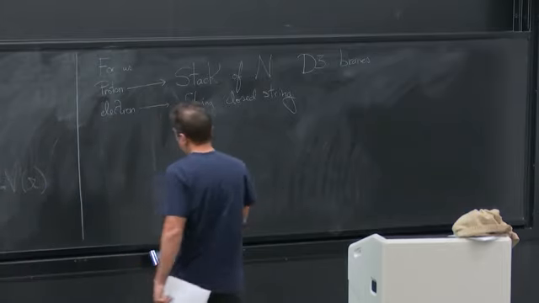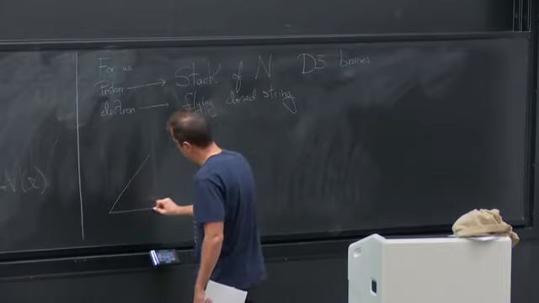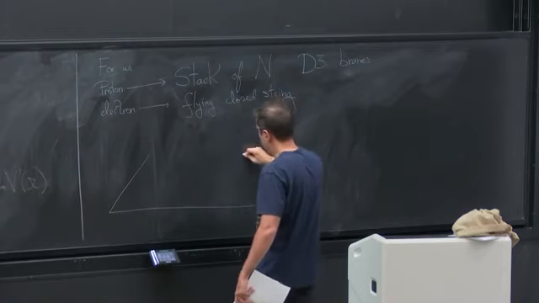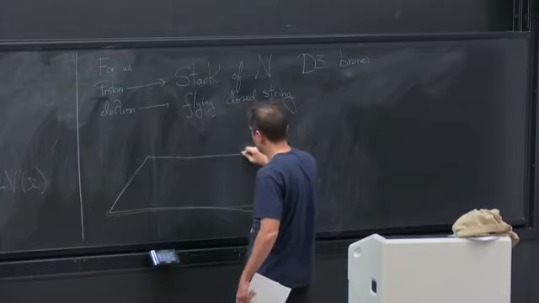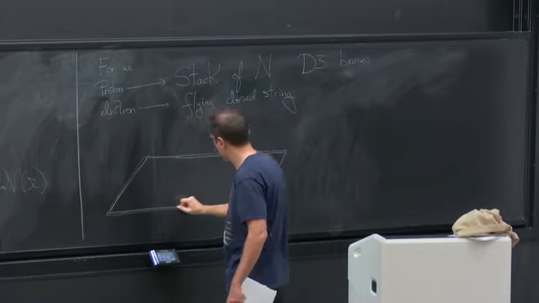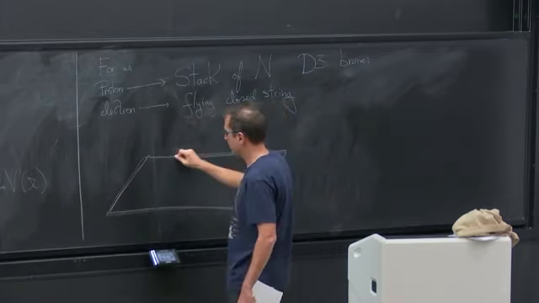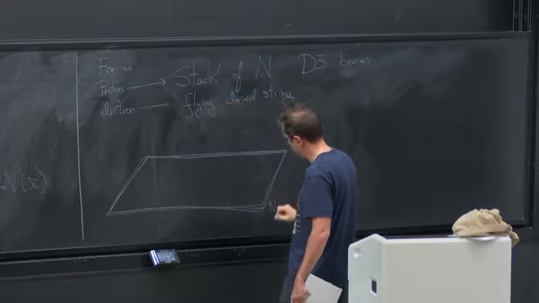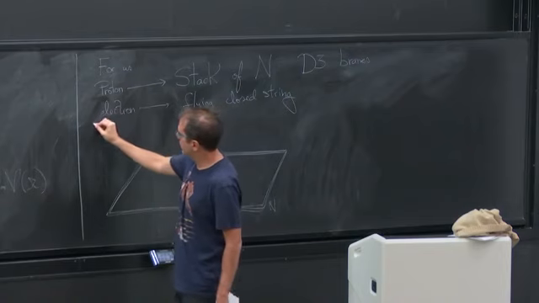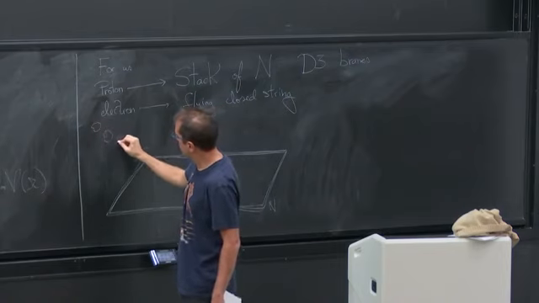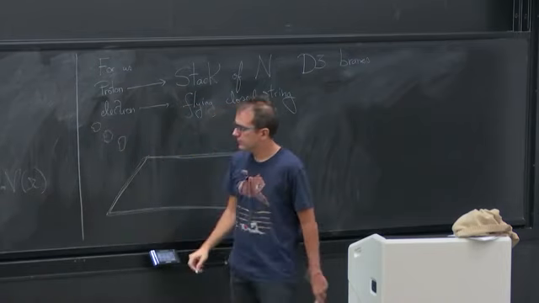And so we would have this picture where we have the stack of D-branes here. There are N D-branes. And then there is a closed string that is coming here and approaching this stack of D-branes.